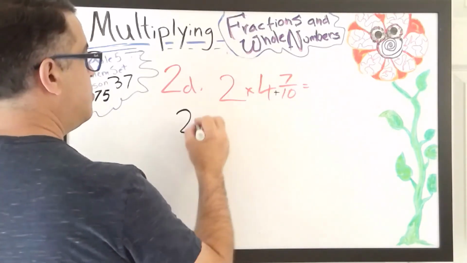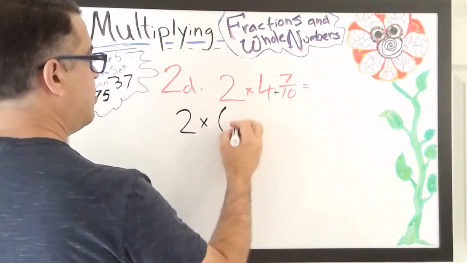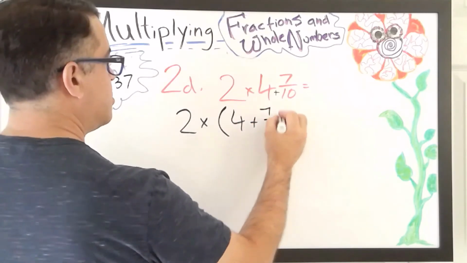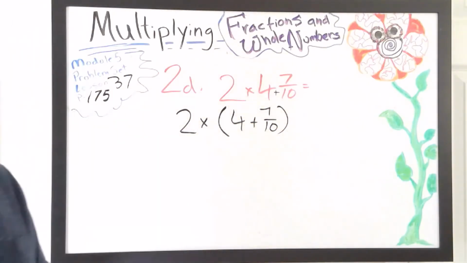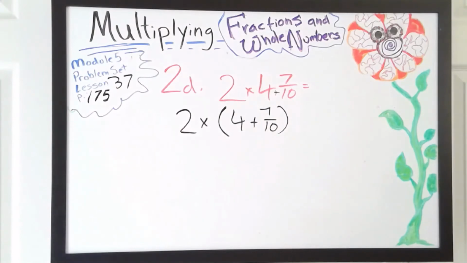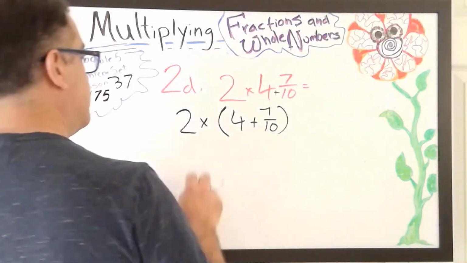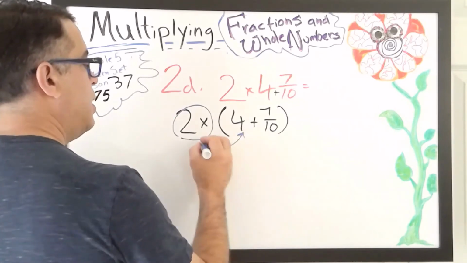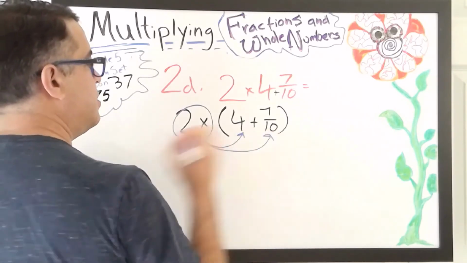That's 2 times, in parentheses, 4 plus 7/10. So what do I want to distribute? I want to distribute the 2 times. I want to distribute the 2 to the 4, and I want to distribute that to the 7/10.